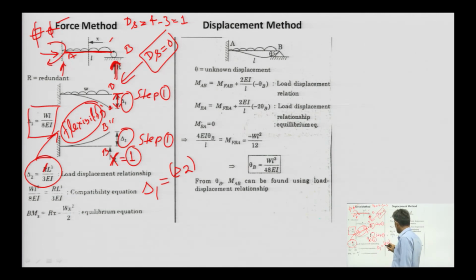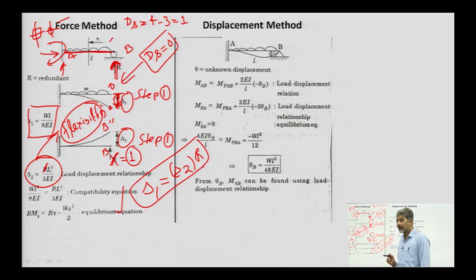Delta 1 is equal to delta 2 multiplied by R, where delta 2 is L cube by 3 I, since here R is 1. Is it possible to write this equation? The deflection delta 1 must be equal to delta 2 multiplied by R.